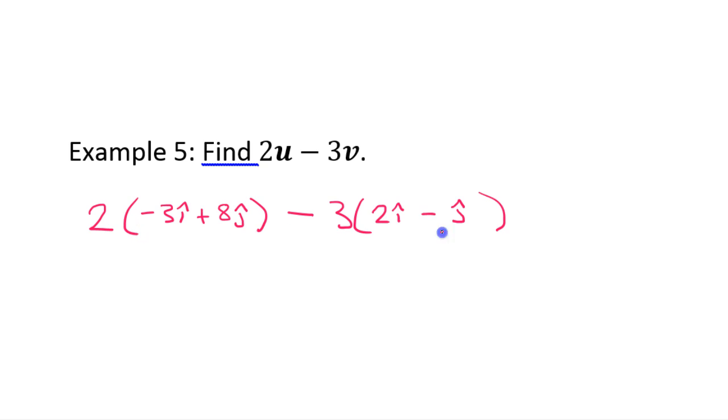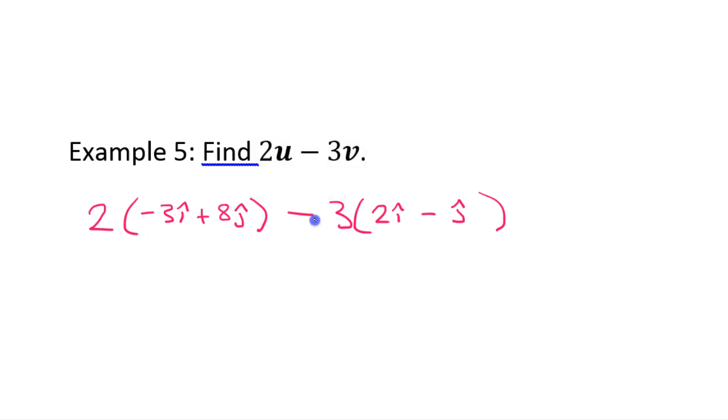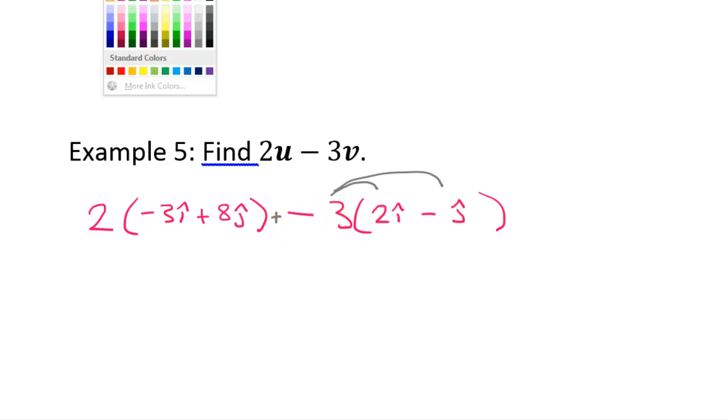Okay, so I'm just going to do the distributive property. Let me mention one thing though. Whenever I subtract, I always add the opposite. I put a little plus sign here to remind me that I'm really going to distribute negative 3. I'm not going to distribute 3, I'm going to distribute negative 3. So you do the same.